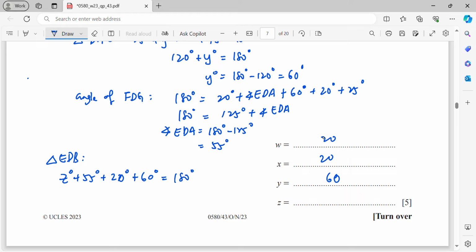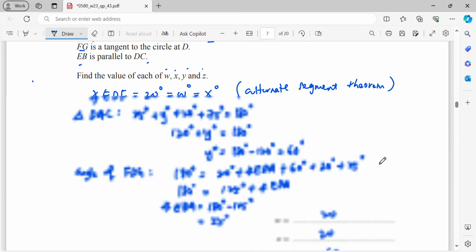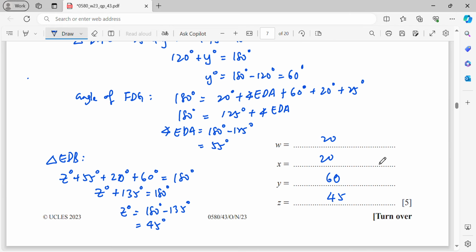Then from here I will get Z degrees plus 135 degrees equals 180. So your Z degrees is 180 minus 135. That will be 45 degrees. So I have found all these four angles. Okay, so done for this question 4.